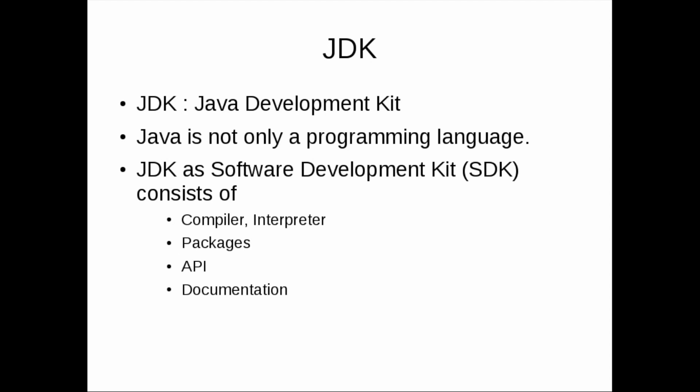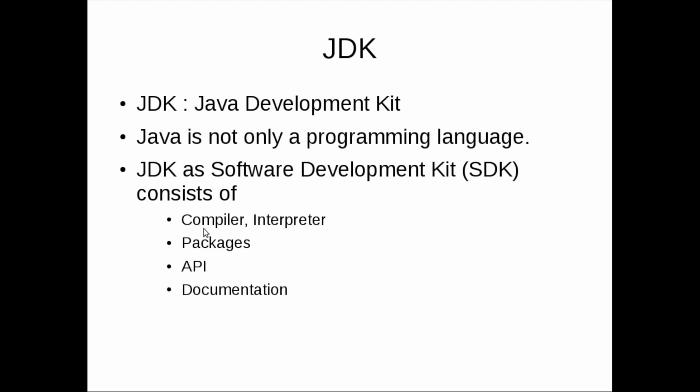It is a collection of different tools which are required, from the beginning, to create an executable of that application. So JDK consists of a compiler and an interpreter. Java is an interpreted language and it is also called a double compiled language. By using javac, this binary utility, Java programs are compiled into bytecode.